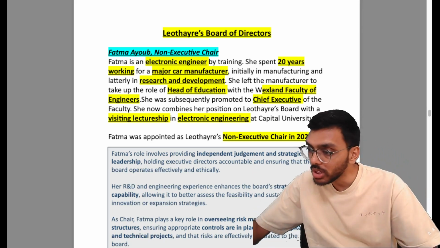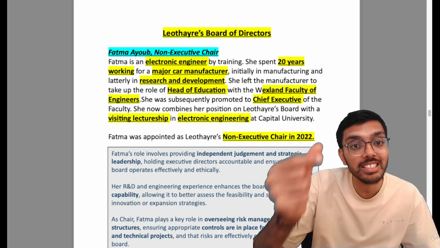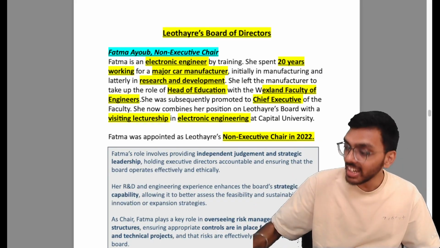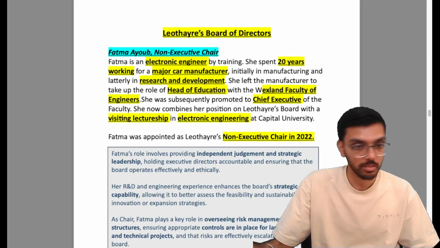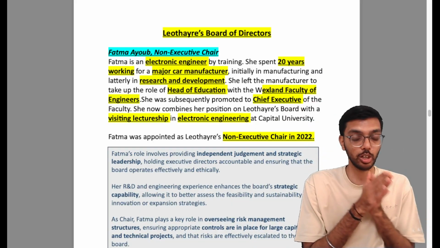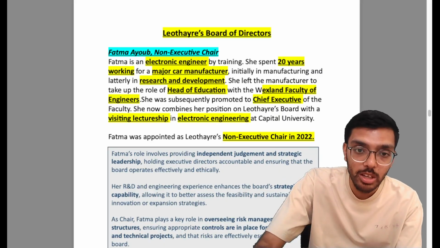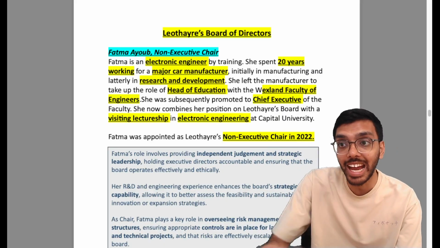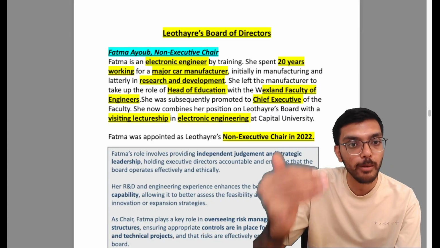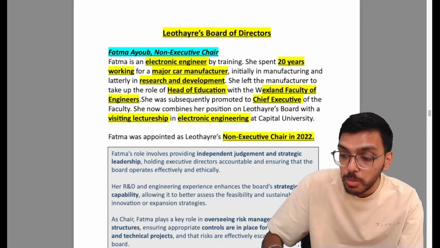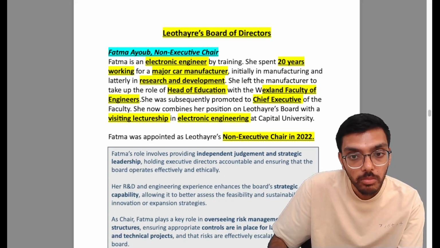Anything related to electronics when you are building a satellite, anything related to manufacturing of a satellite, any situation in the exam related to manufacturing of a new satellite, you can start your answer, or somewhere in your answer write that let's take the opinion of Fatma because she is the expert on electronics.